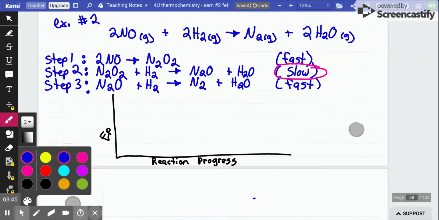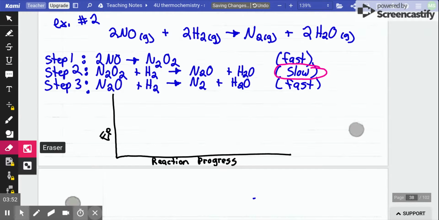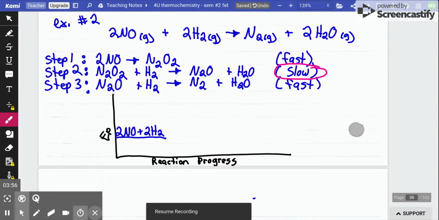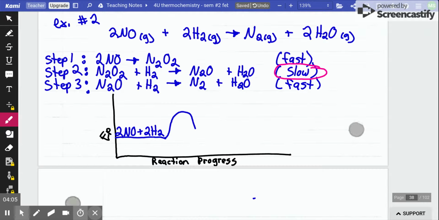So if we graph that out, when we're doing real examples, remember that you actually write out what your reactants and your products are. And you are taking those from your actual reaction, so your overall reaction. And our first step occurs relatively fast, so it does not have a high activation energy.